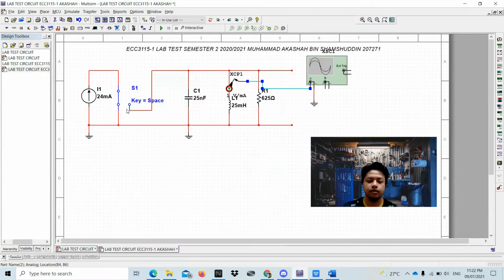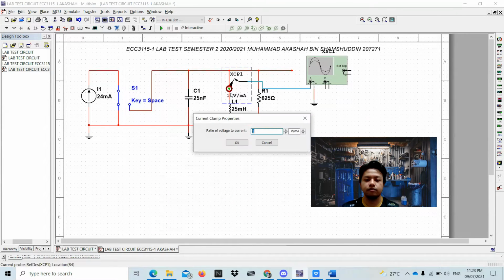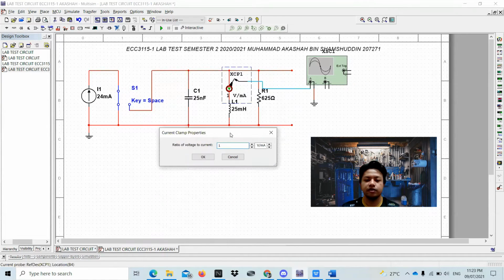Okay, now I will briefly explain the function of the current clamp itself and also the oscilloscope. The function of the current clamp is to read the current that will flow into the branch here, into the inductor. As you can see, the ratio of voltage to current is 1 volt to 1 milliampere.